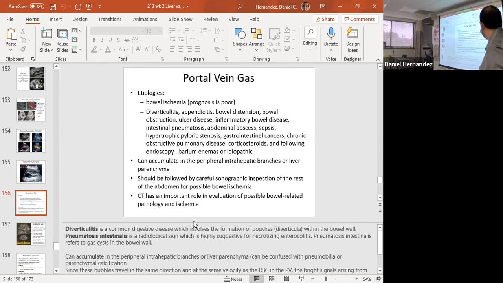It could result in patients following endoscopy or barium enemas. This can accumulate in the peripheral intrahepatic branches of the liver or liver parenchyma. It should be followed carefully with sonographic inspection of the rest of the abdomen for possible bowel ischemia.